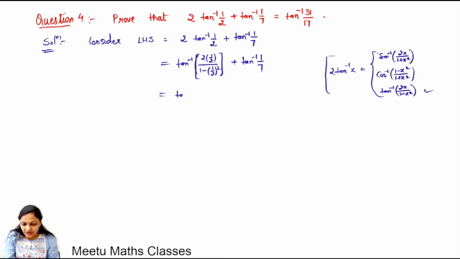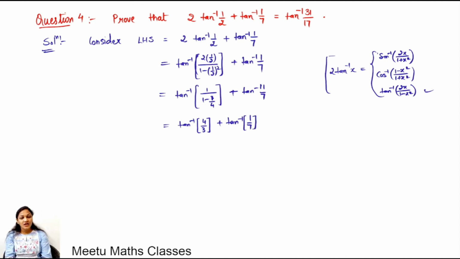Now this will give you 1 upon 1 minus 3, 1 by 4. And this can be written as tan inverse of 1 upon 3 by 4, that means 4 by 3, plus tan inverse of 1 by 7.